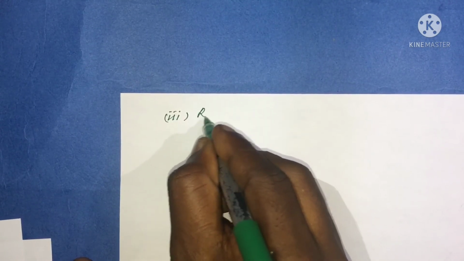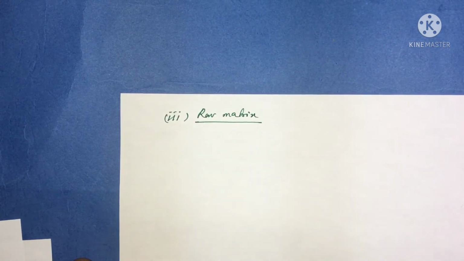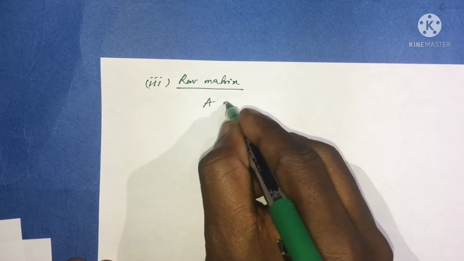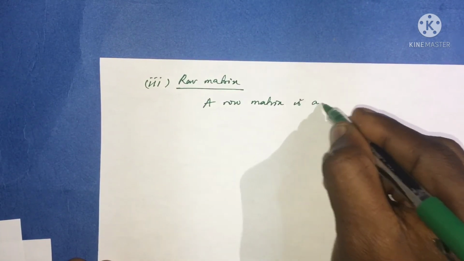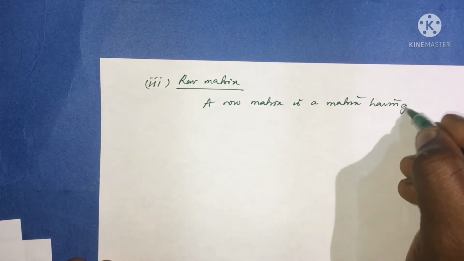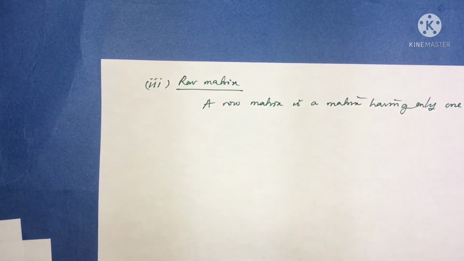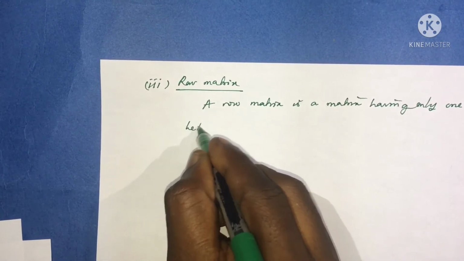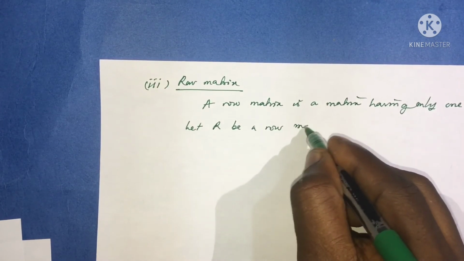The row matrix. So, when is a matrix a row matrix? A row matrix is a matrix having only one row. Okay? So let R be a row matrix.